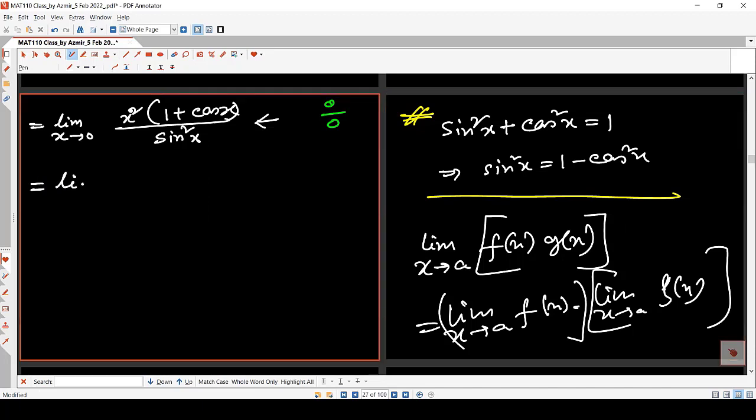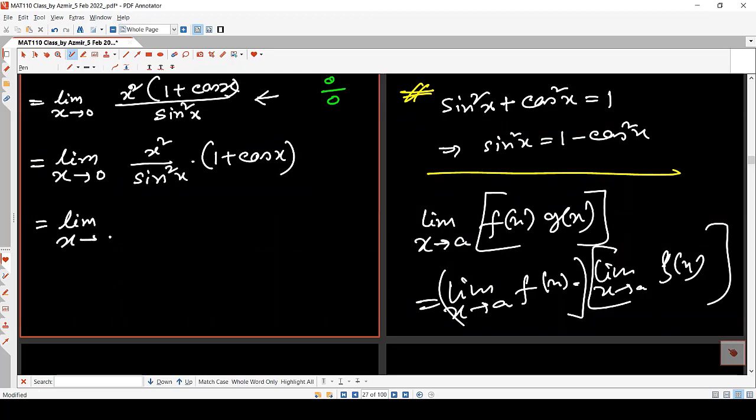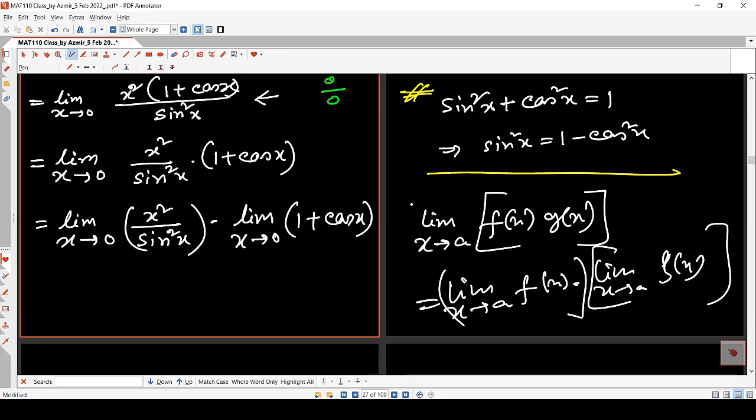So the limit as x tends to 0, we can write this as x squared divided by sine squared x times 1 plus cosine x. This is the f of x function and this is the g of x function. So we get the limit as x tends to 0 of x squared divided by sine squared x, times the limit as x tends to 0 of 1 plus cosine x. You can see that the product law has been applied here.